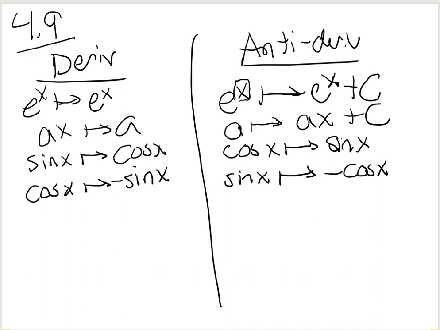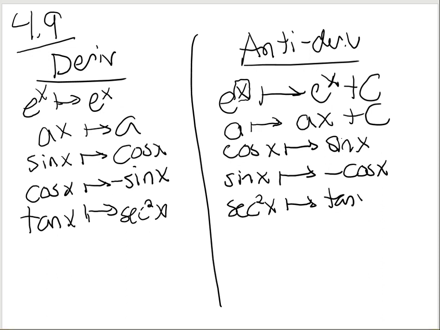And that's just some of the rules that we have at this point in time. You could also talk about other ones like, say, tangent goes to secant squared, so secant squared goes to tangent, and other ones. These are all plus c.